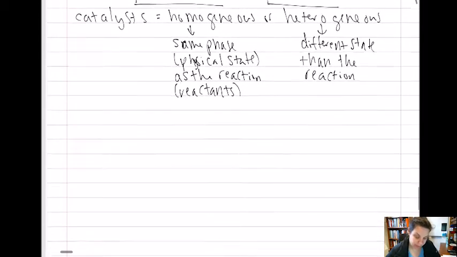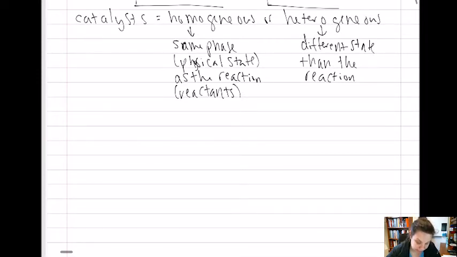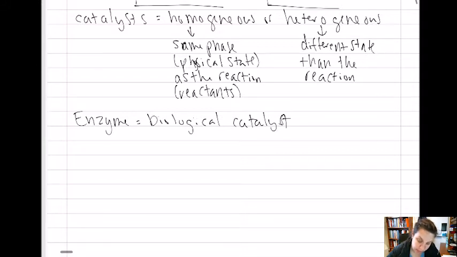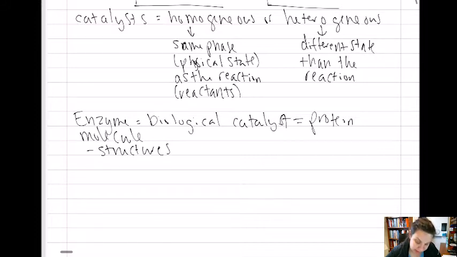One special kind of catalyst is called an enzyme. An enzyme is a biological catalyst. And it is a protein molecule. So a huge macromolecule within the body, or within any living organism. Its structure allows it to have what's called specificity.